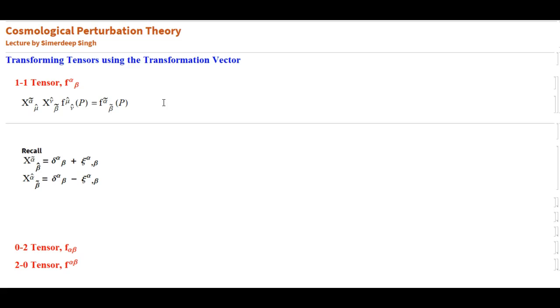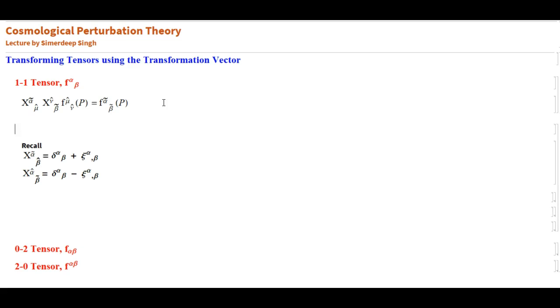So you recall this x alpha tilde beta caret. This is what we have seen earlier. This is the transformation tensor, and in terms of the transformation vector, this is the relationship we derived earlier in this lecture series. Now we are going to plug in this expression here.